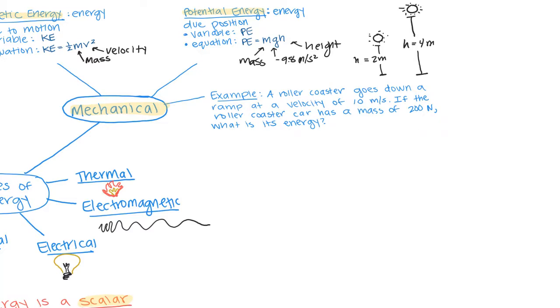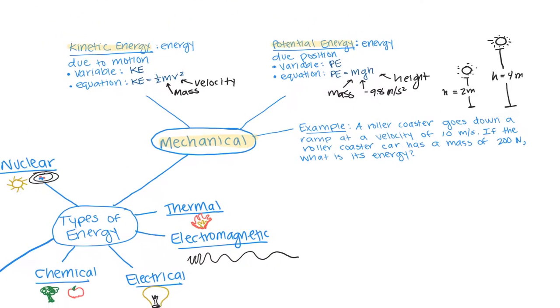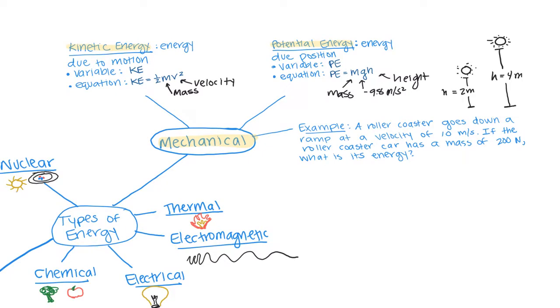All right, so that is the main difference between kinetic and potential energy. The main thing to remember is that with potential energy, this object is not moving. It's pent up. It's all built up within that object, but that energy is not being released in the form of kinetic energy.